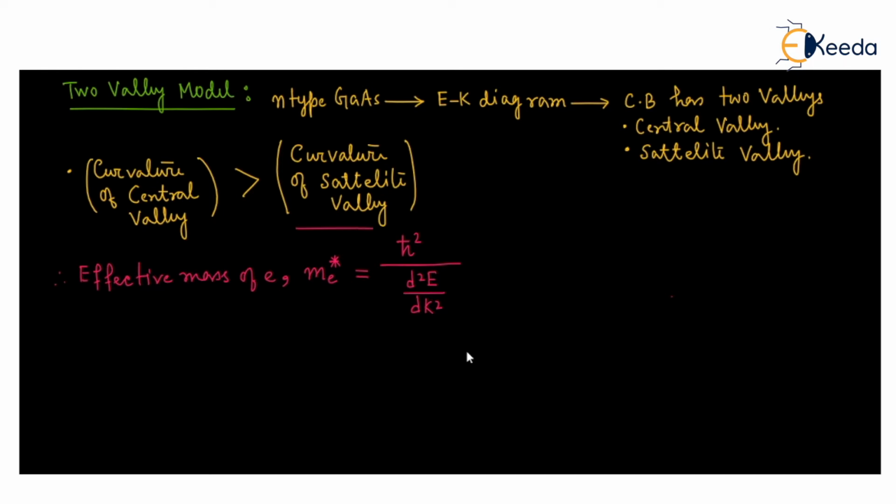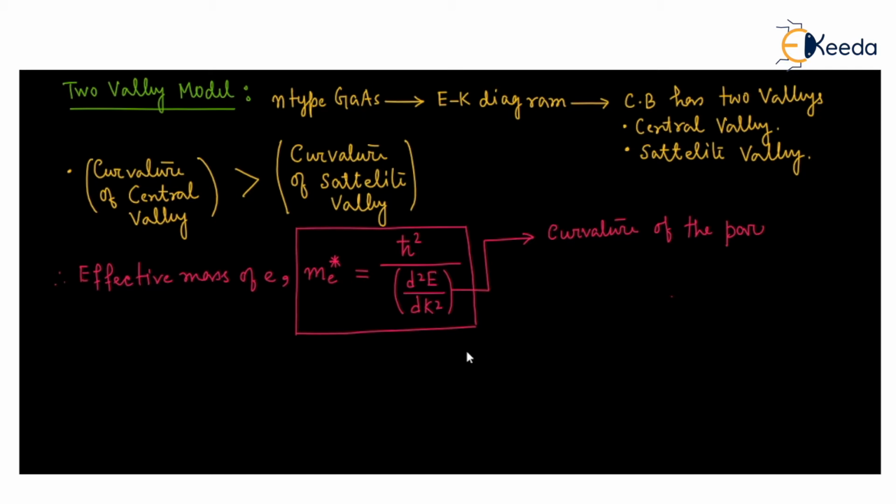So this equation gives the effective mass of the electron. But what is this d2E by dk2? This is nothing but the curvature of the parabolic E-K diagram.